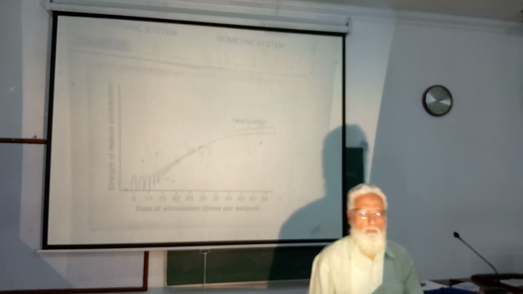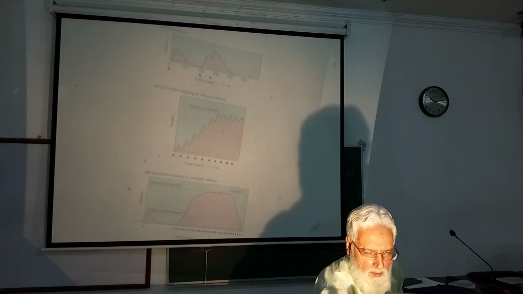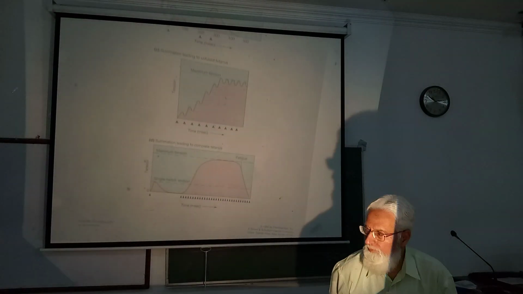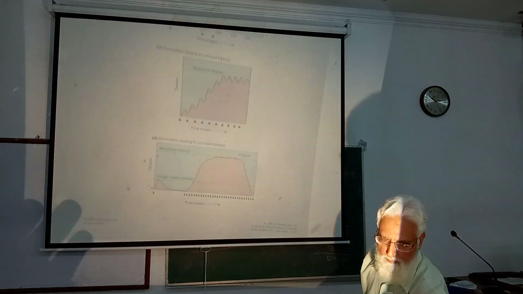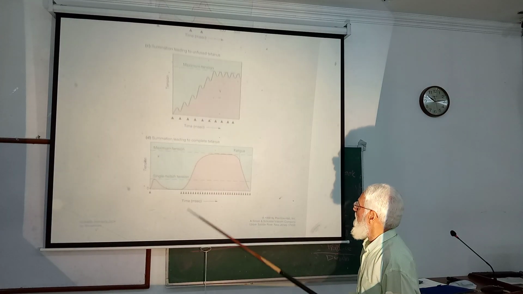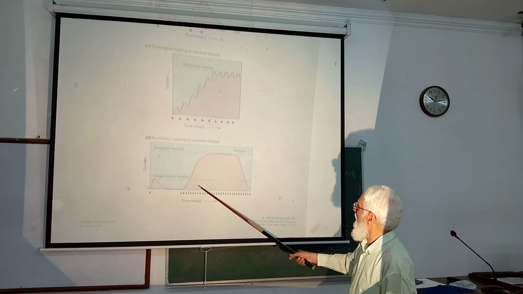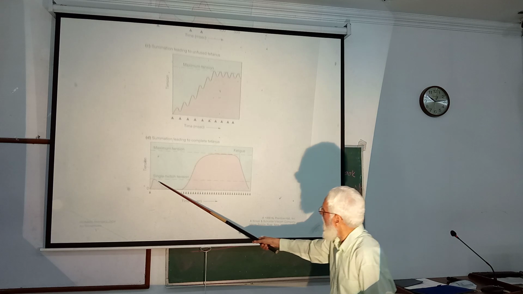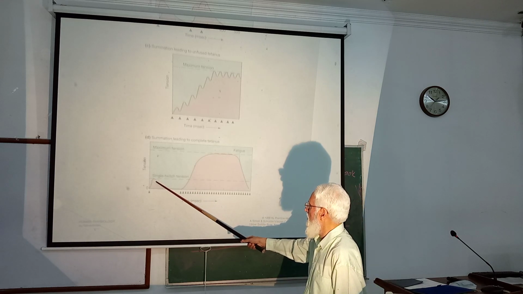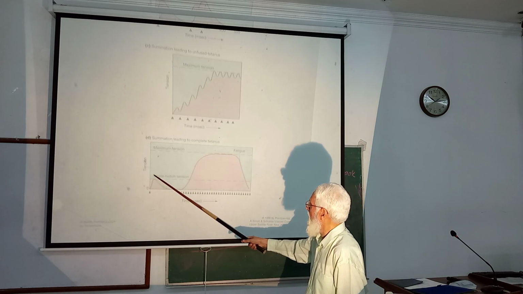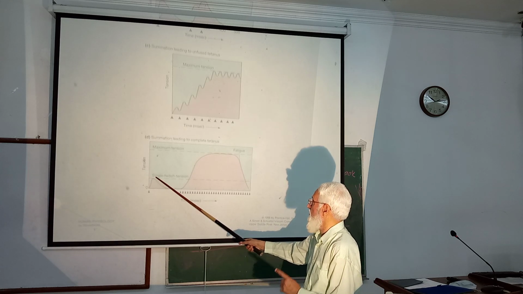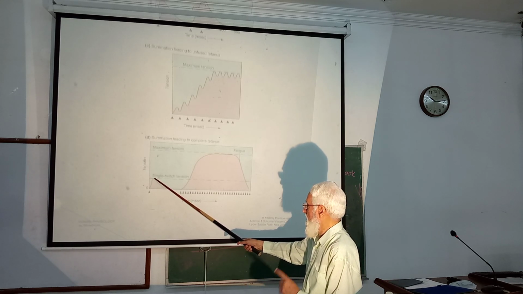Keep in mind that during summation and tetanization, there is increased muscle tension. You see, this is the individual or single muscle twitch, and this is the tension of the single muscle twitch.